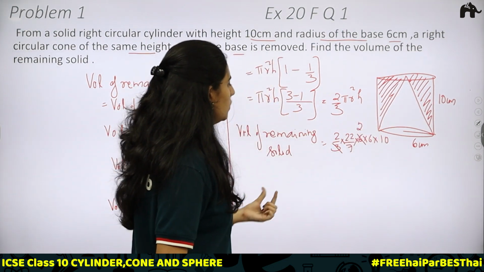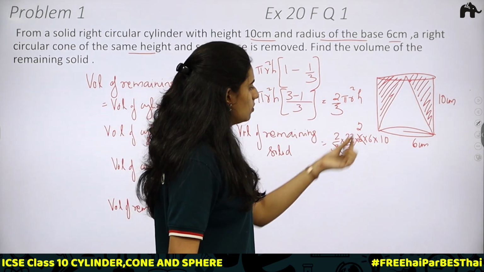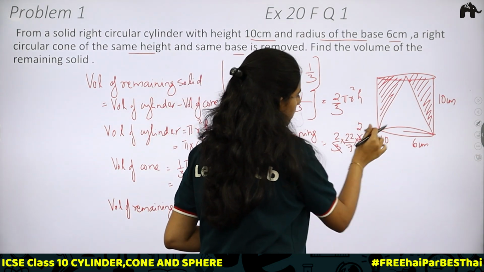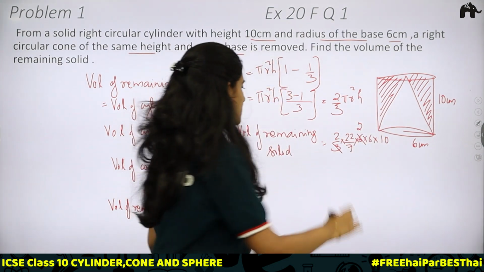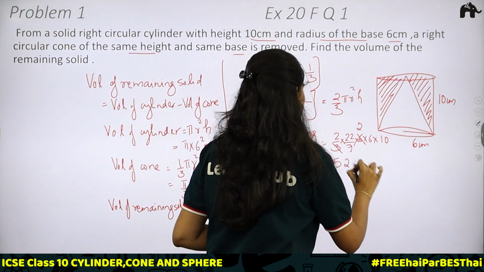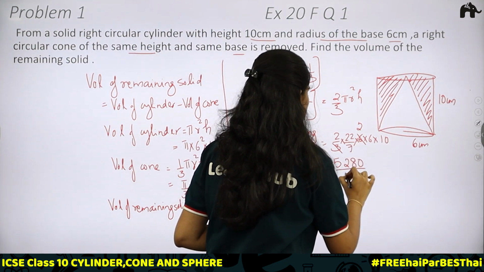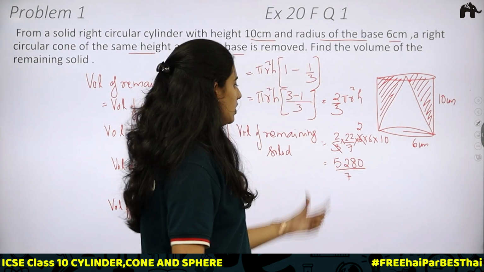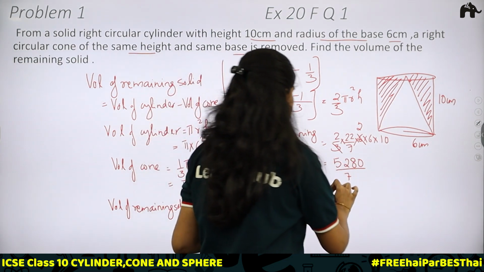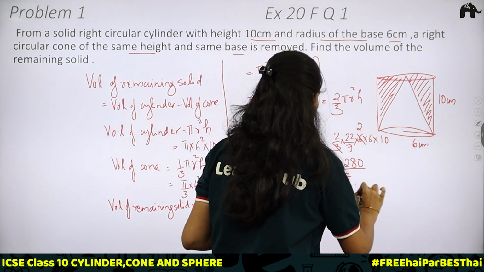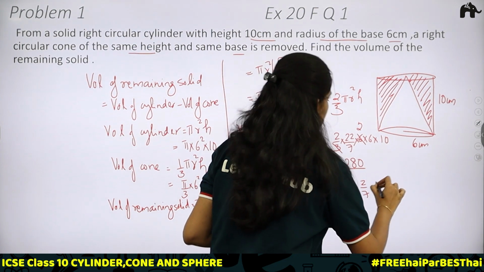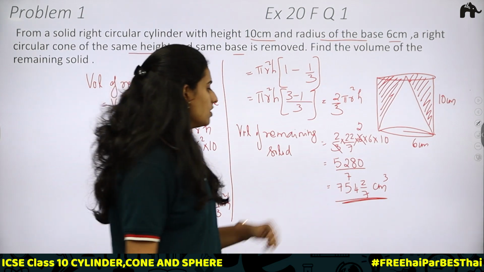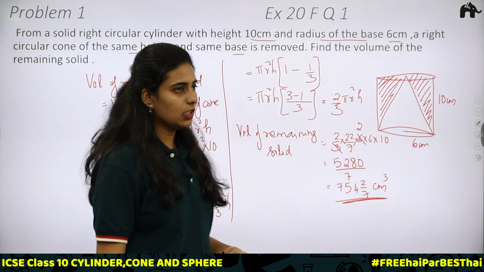We get 2. 2 into 2, 44. 44 into 2, 88. 88 into 6 is 528. 528 into 10, 5280. 5280 divided by 7. When you solve this, you will be getting the answer. The final answer is 754 and 2 by 7. Put the unit centimeter cube. Okay, 754 2 by 7 centimeter cube.